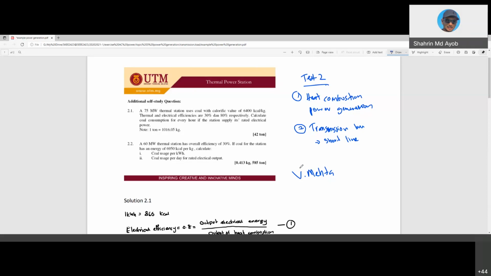But please be careful, because this book is very extensive in terms of its contents, so sometimes some of the content is actually outside our syllabus. So you need to be careful on that. Let's see 2.1.